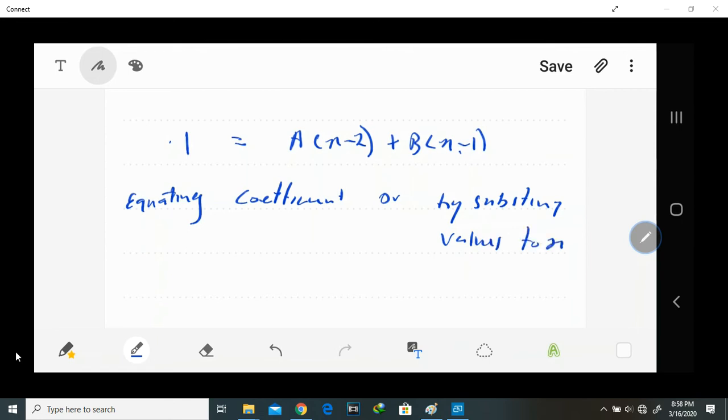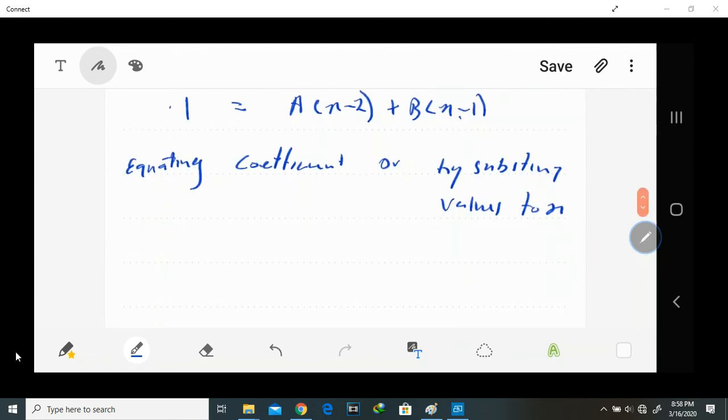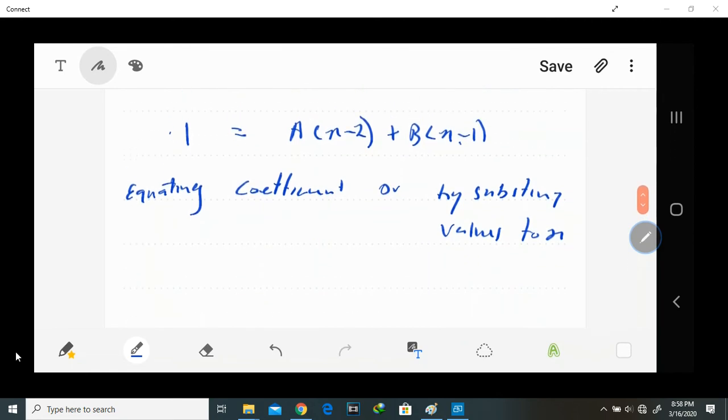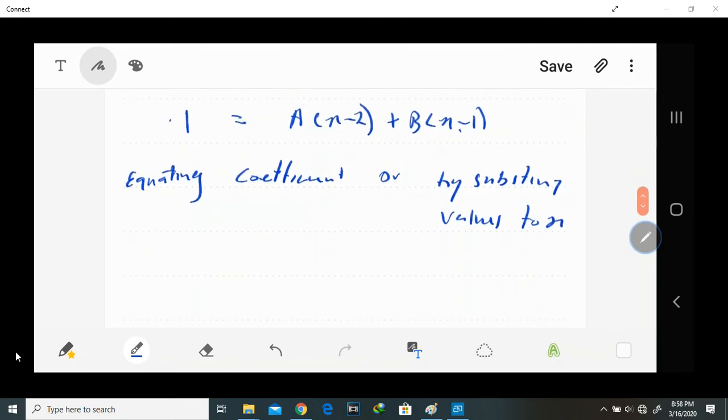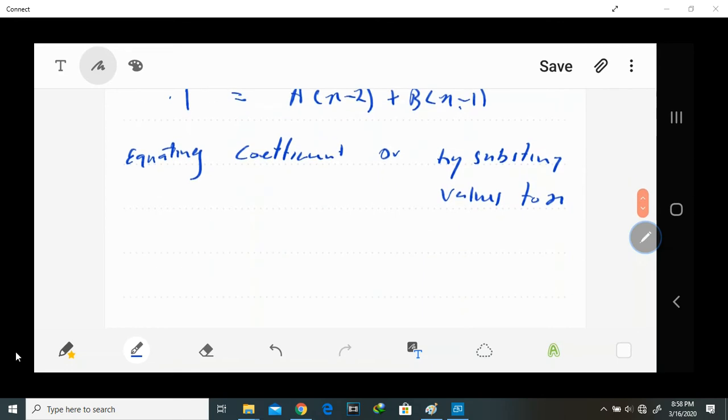In this case I will use the method of substituting values for x, so we can find A and B easily. So when you substitute x equals 2, you get B as 1, and when you substitute x equals 1, you get A as minus 1.